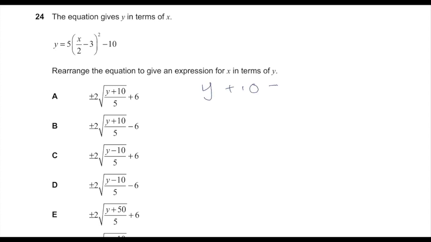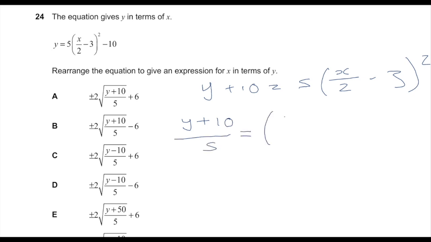so y plus 10 is equal to 5 times (x over 2 minus 3) squared. Then I'm going to divide both sides by 5, so (y plus 10) over 5 is equal to (x over 2 minus 3) squared.